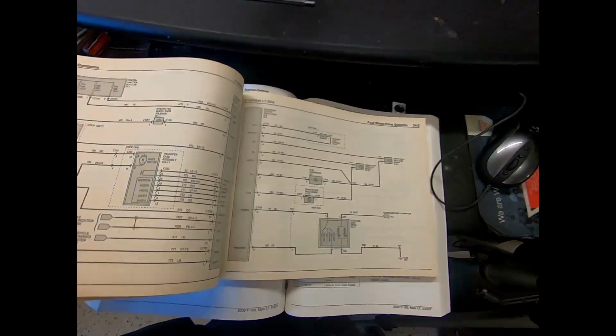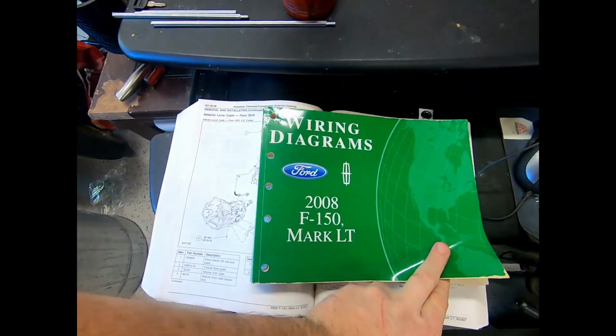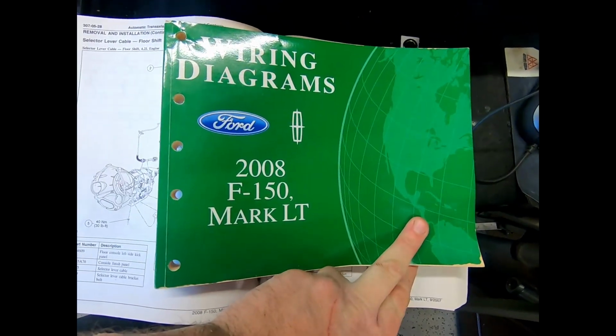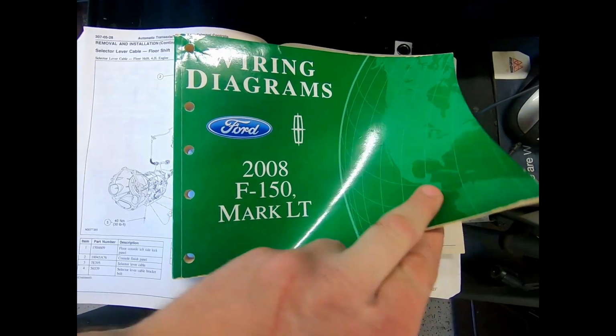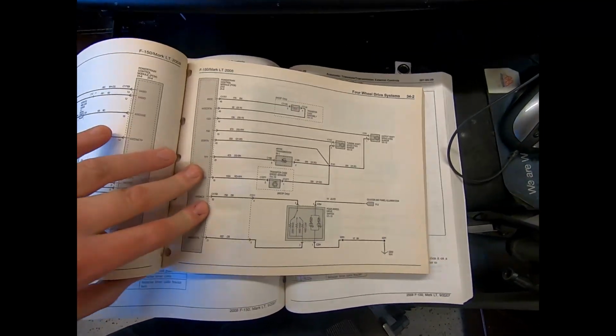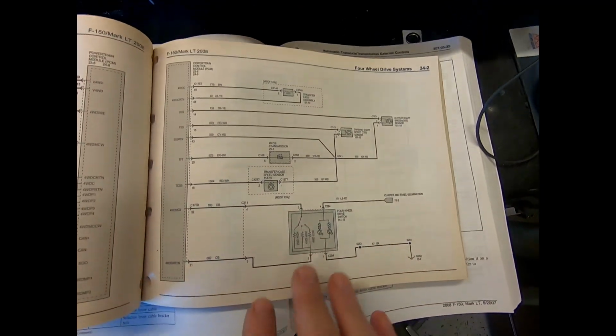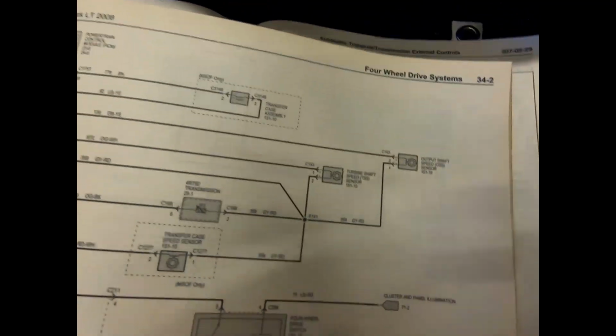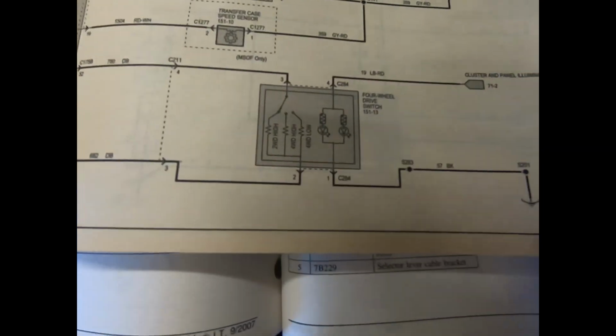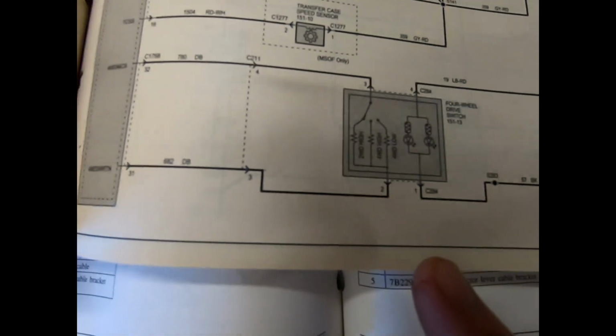Alright, so we're inside the official wiring diagrams book for a 2008 Ford F-150, and I'm here in the four-wheel drive system diagram, looking specifically at the way that this is working.